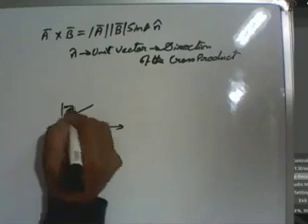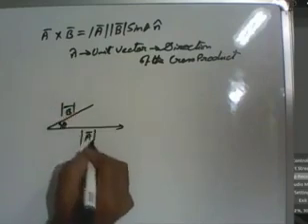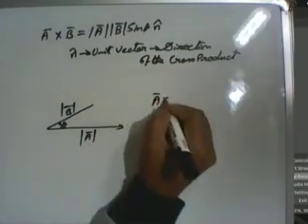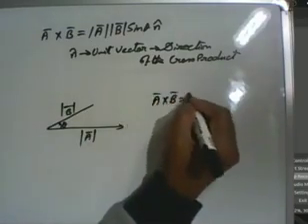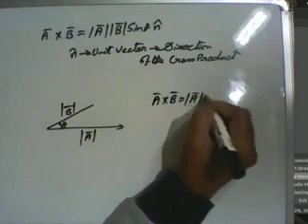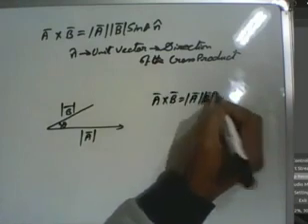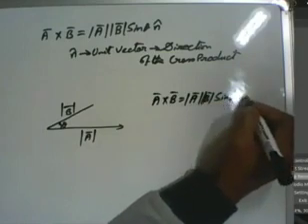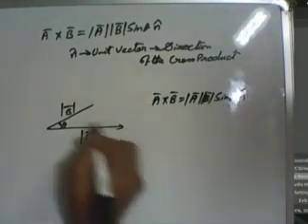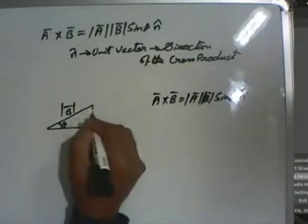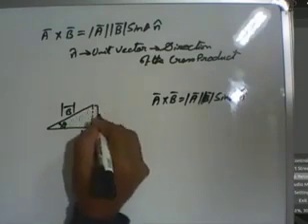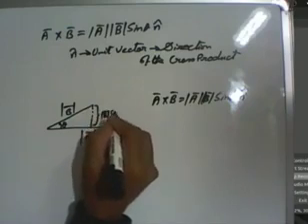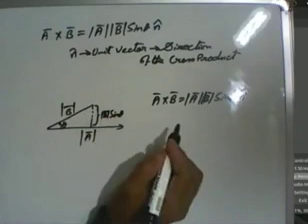So A cross B, as we wrote down, is equal to magnitude of A, magnitude of B sine of theta into the unit vector n. So B sine of theta is equal to this much. This is the magnitude of B sine of theta.